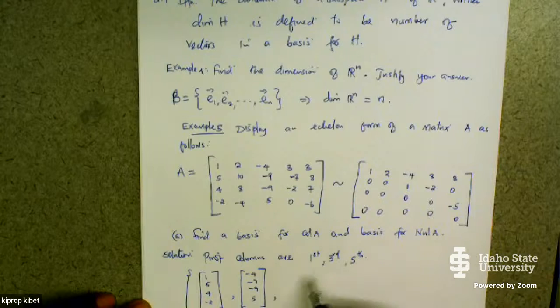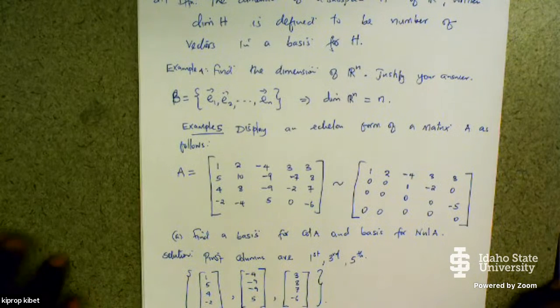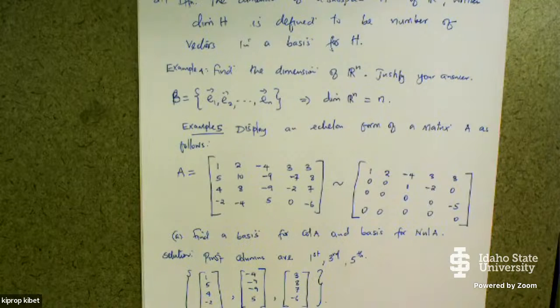And then the fifth, which is 3, 8, 7, and minus 6. And that is the basis for the column space. So for the column space, it's so easy. You just check the ones which have the pivot position.